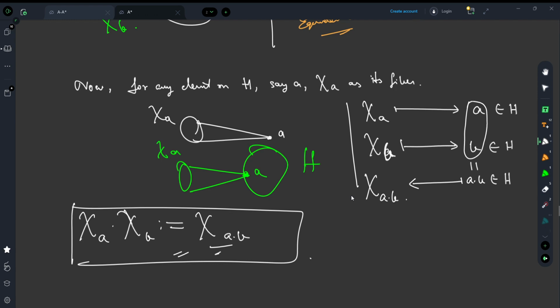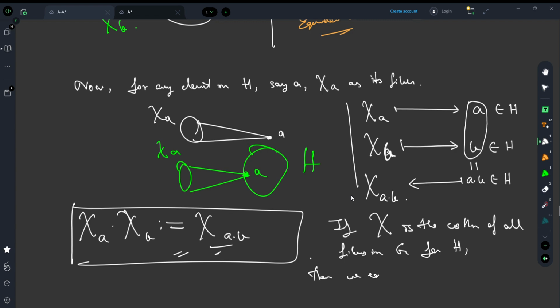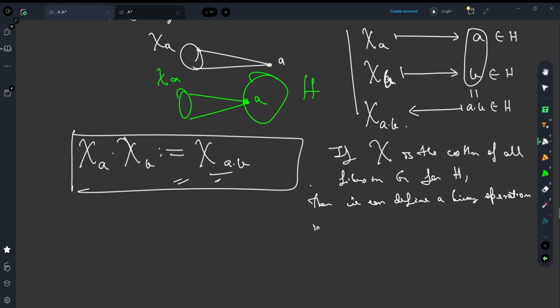So if say chi is the collection of all fibers in G for H, then we can define a binary operation in the set chi, dependent upon the operation in H as well, obviously dependent upon the operation in H.